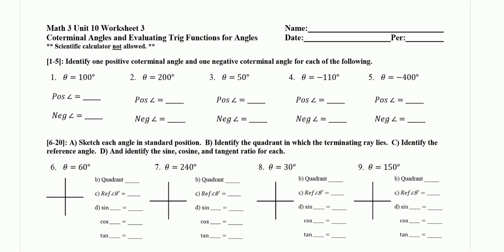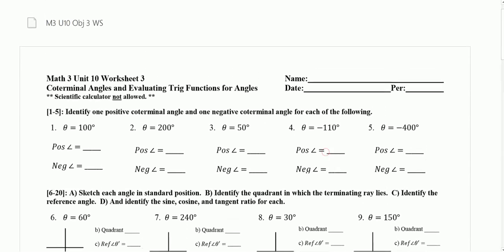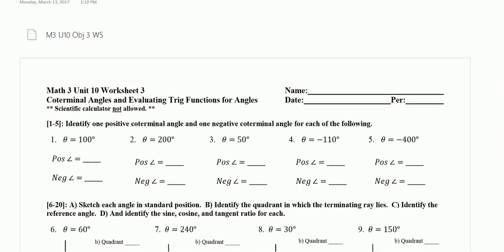Coterminal means in the unit circle, they're pointed in the same direction. So, for example, number 1, we've got 0 degrees, 90 degrees in the positive direction, which is counterclockwise, 180, 270, 360.